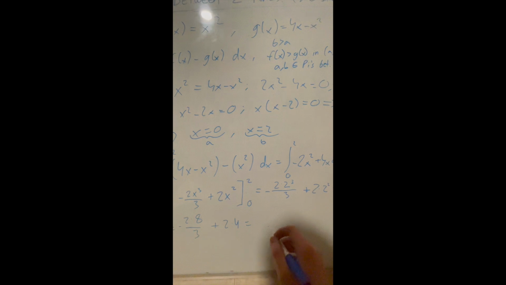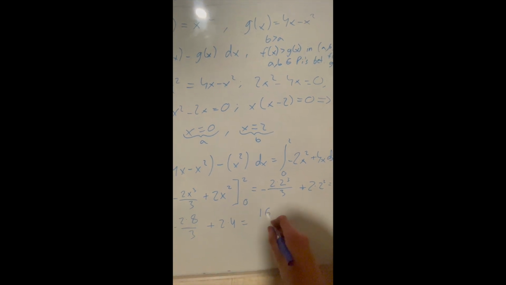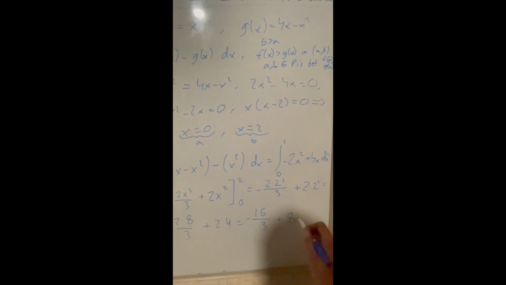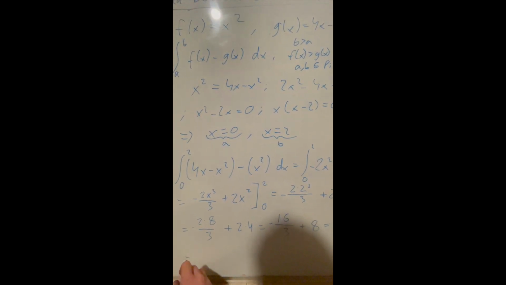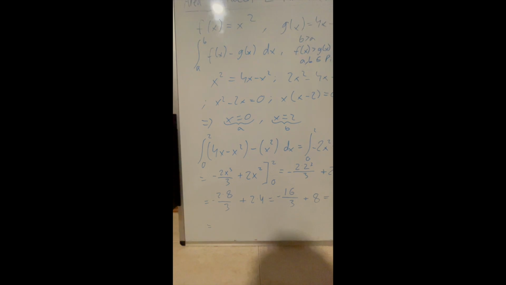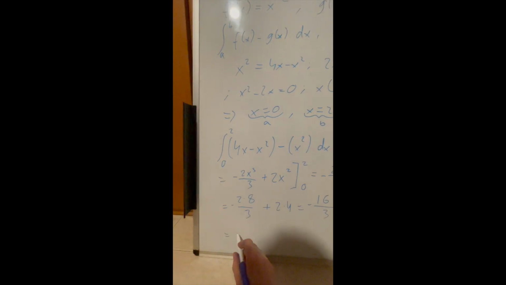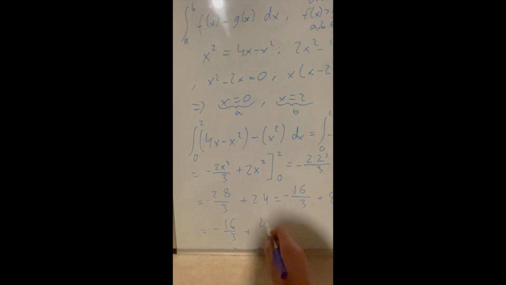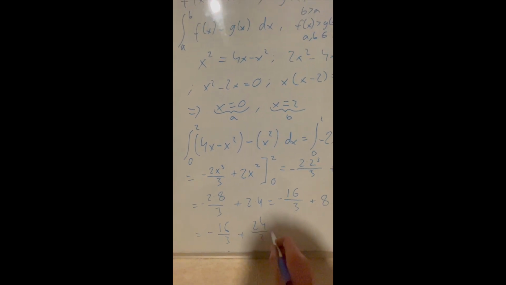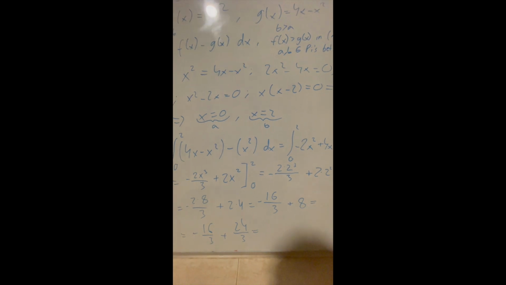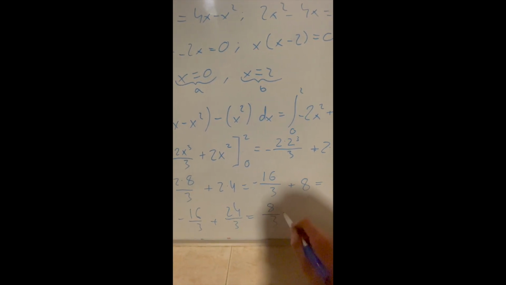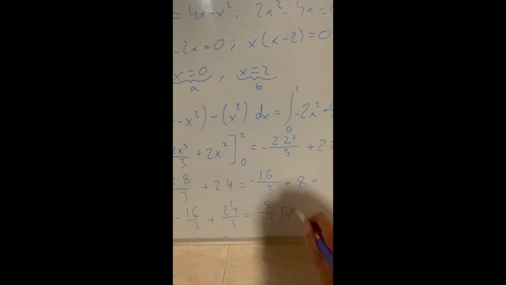We have here 2 times 8 is 16, so minus 16 over 3 plus 8. We have to turn this 8 into a denominator of 3. So we have minus 16 over 3 plus 8 times 3, 24, 24 over 3. And therefore, minus 16 plus 24 is going to be equal to 8 over 3 units squared.